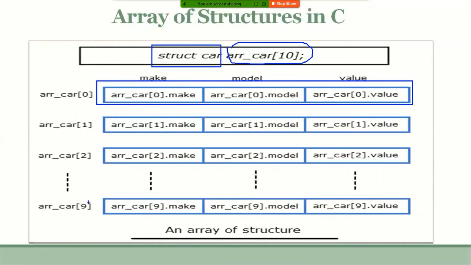The ninth means the 10th car, its make, its model, and its value. So 10 different cars' make, model, and value information can be maintained instead of declaring 10 different structure variables, by declaring an array of structures.